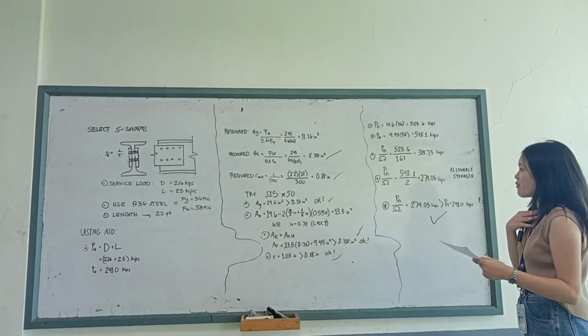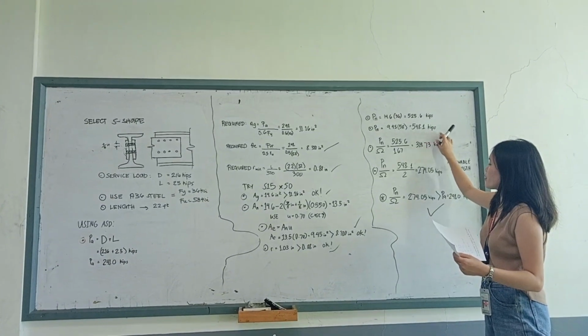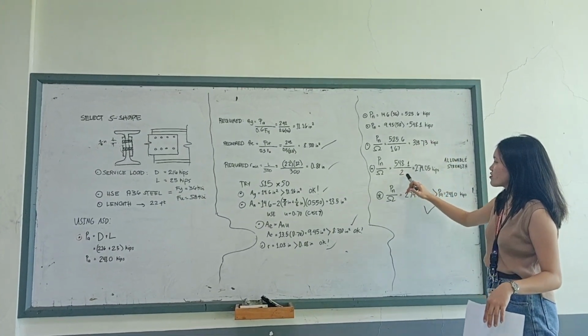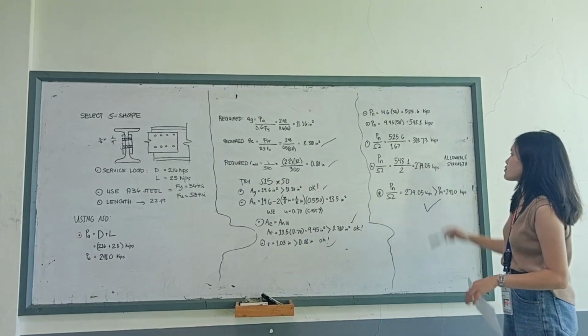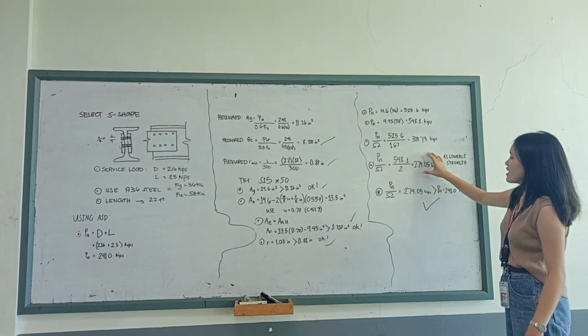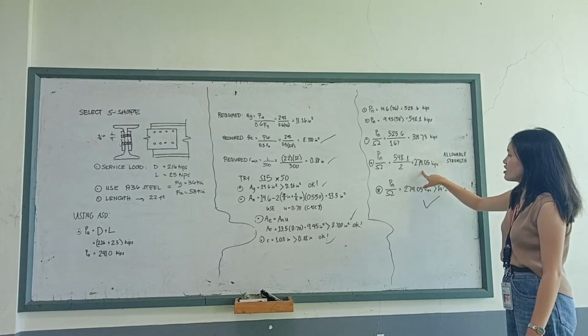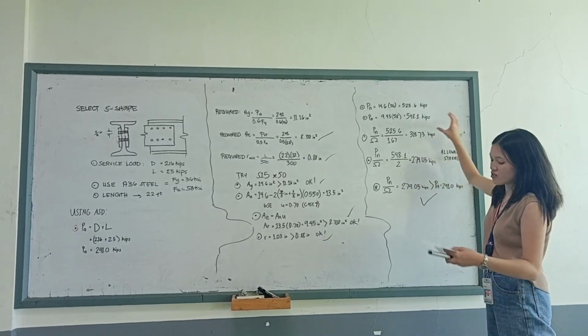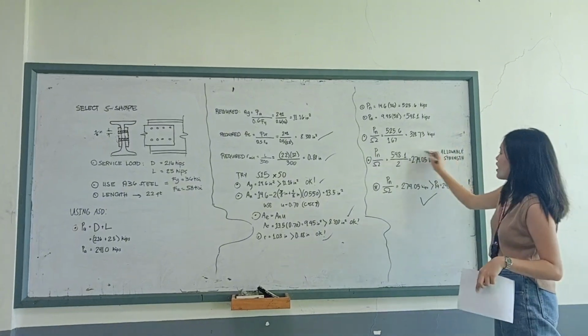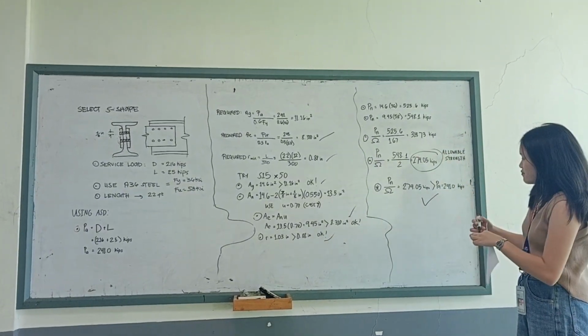Whereas, for rupture, 548.1 divided by the factor 2 is equal to 274.05 kips. Since the strength according to rupture is lesser than that of yielding, that is our allowable strength.